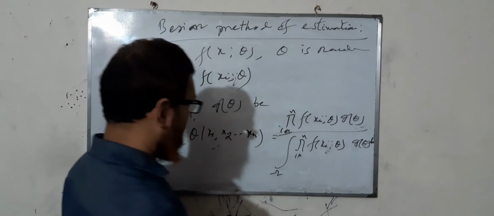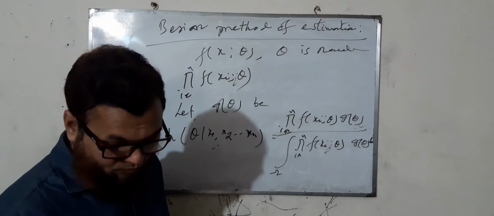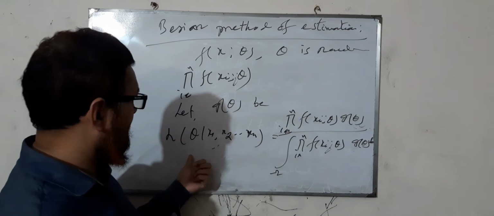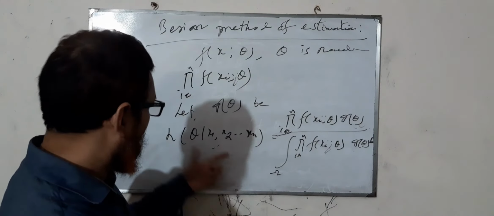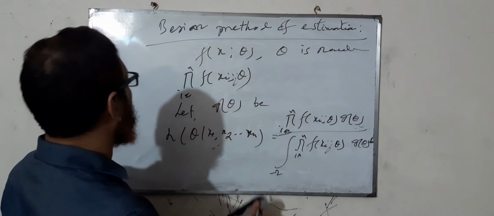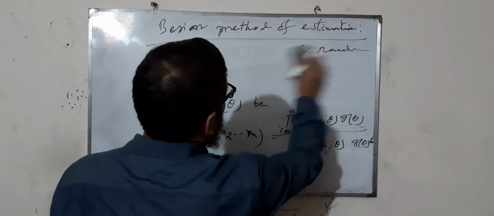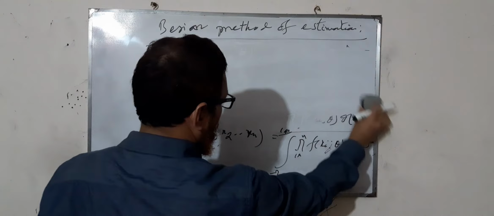d theta. This is the posterior density function of theta. Now, the expectation of the posterior distribution is called the Bayesian method of estimation.